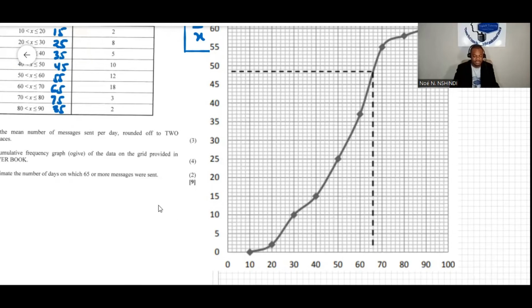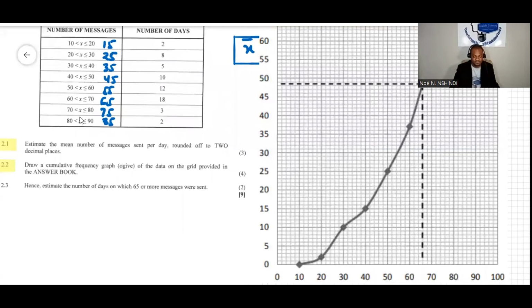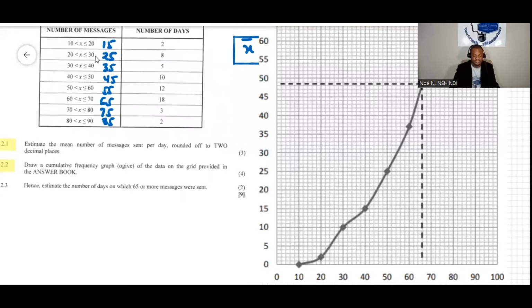And then comes another from 20 to 30. There were 8 messages sent. So we move from 20 to 30, I mean, 8 messages sent. So 8 is somewhere here, approximately there.